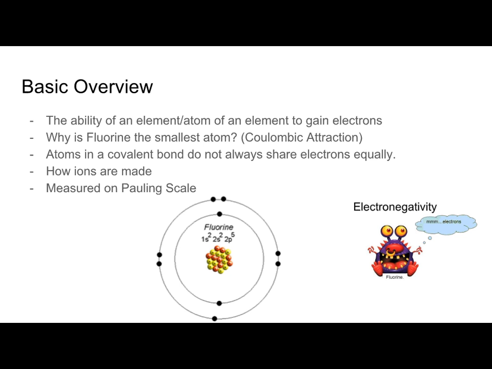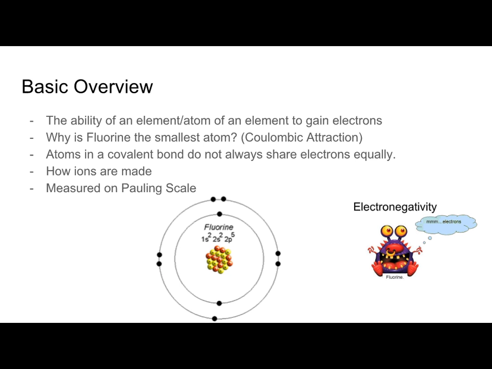So basically electronegativity is the ability for an atom, or the nucleus of the atom, to pull in electrons, whether that be valence electrons or free electrons. It's measured on the Pauling scale, and it affects Zeff because Zeff is the pull of the protons in the nucleus towards the valence electrons. Coulombic attraction.